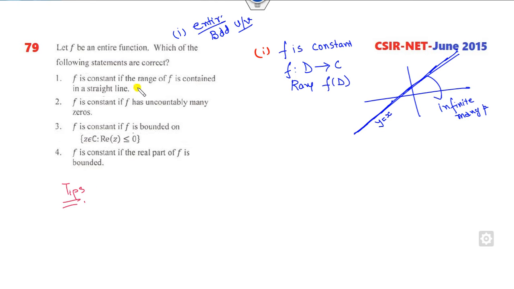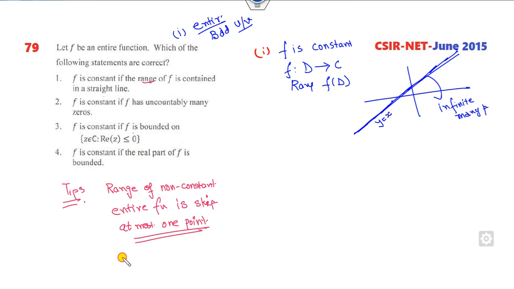Remember, now they are talking about the range. The range of a non-constant entire function skips at most 1 point.